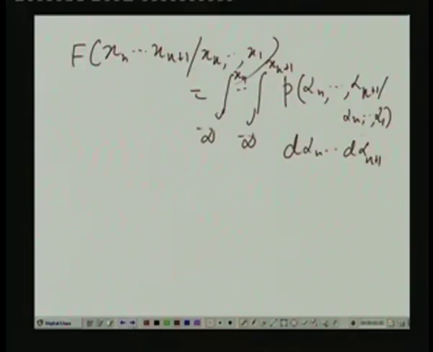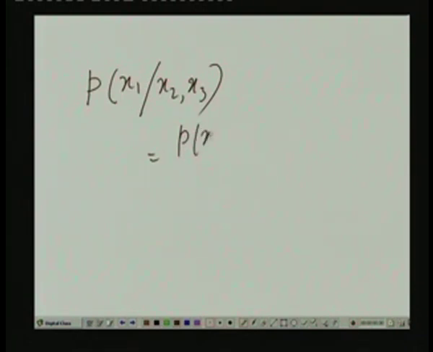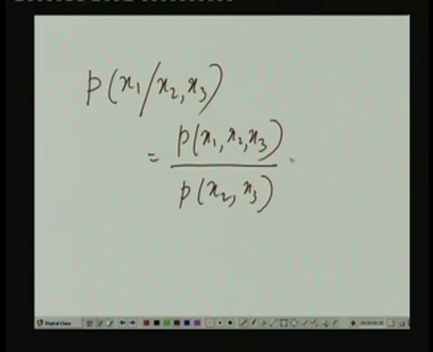Just for example, you can say that p of x1 given x2, x3, okay, this is nothing but p of x1, x2, x3 divided by p of x2, x3. Okay.